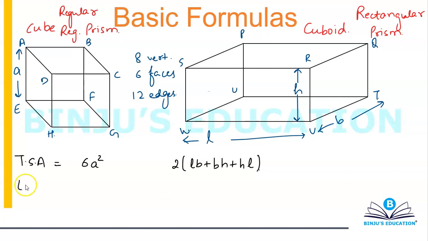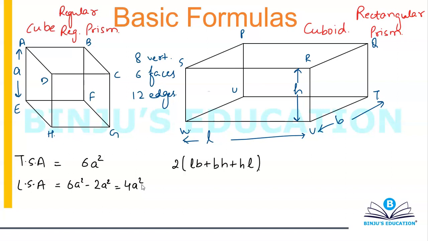Next thing is the lateral surface area. When you talk about the lateral surface area, you do not consider the roof and the base. So this will become 6A square minus 2A square, which will be equal to 4A square. In case of a cuboid, you will not consider PQRS and UTVW.